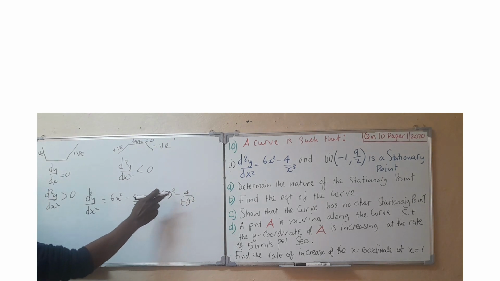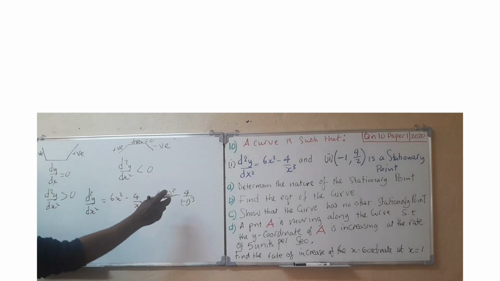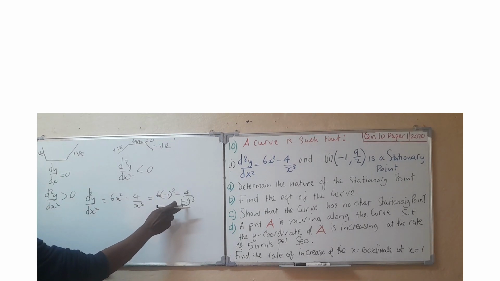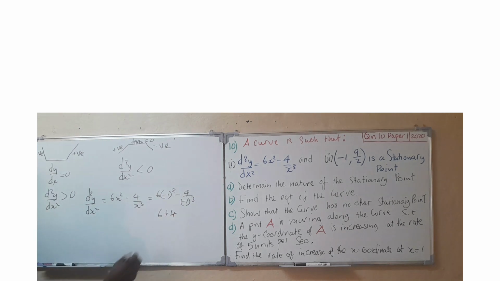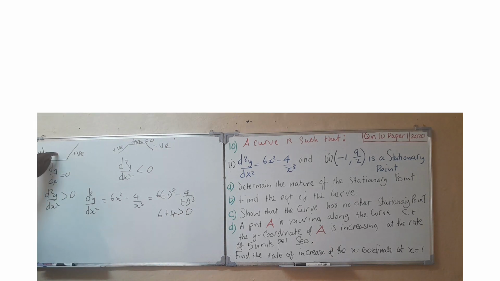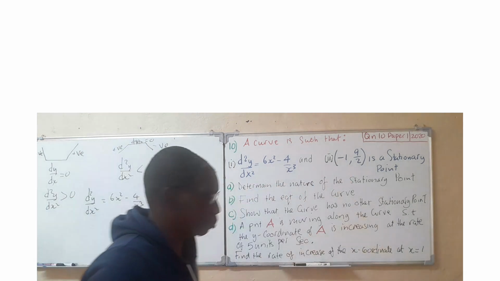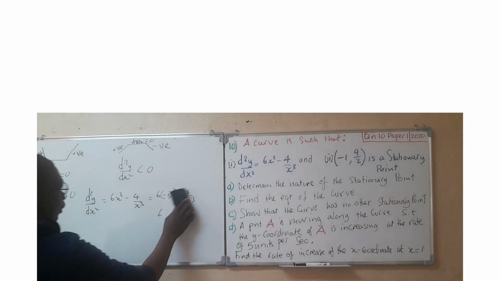Well, minus 1 squared is just 1, so that becomes a 6 there. And 4 divided by minus 1, this minus here changes into a plus. So we end up with 6 plus 4, which is of course greater than 0. So our point is a minimum point. Okay? Let's do some more.